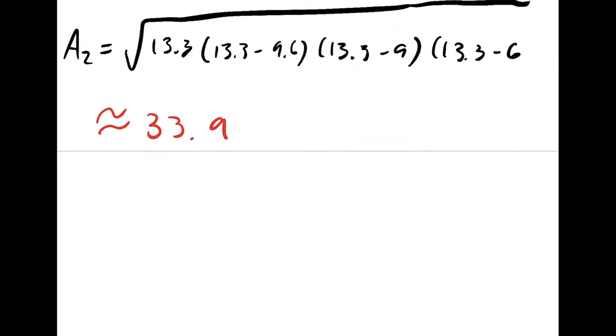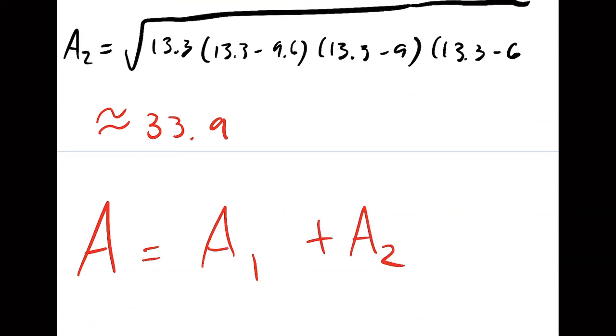And so the area of our parallelogram is again equal to the area of the upper triangle plus the area of the lower triangle. And this is equal to, let's see here, 20.9 plus 33 point, oh, I'm sorry, this is actually a 4 here, 33.4.